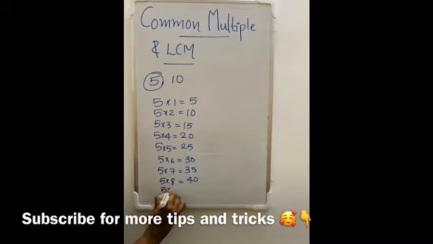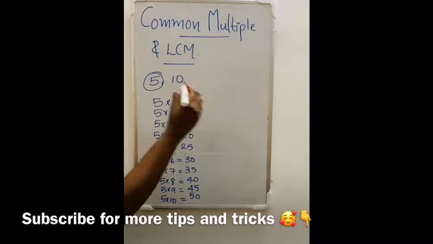And 5 into 9 is 45, and 5 into 10 is 50, right? So these are the first 10 multiples of 5. Very easy. Just write the multiplication table of 5, right?